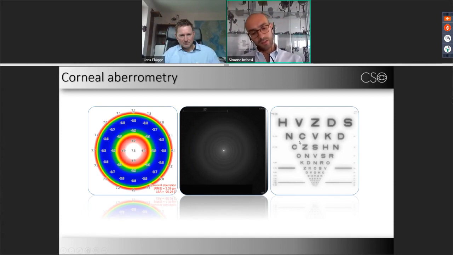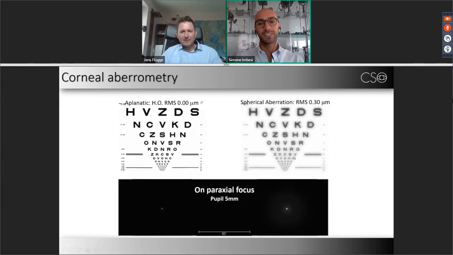The spherical aberration has two different effects on the visus. The first, as you can see from here, is a loss of contrast, and let me say this is the worst effect. But we have even a good effect, that is an extension of depth of focus of the whole system.